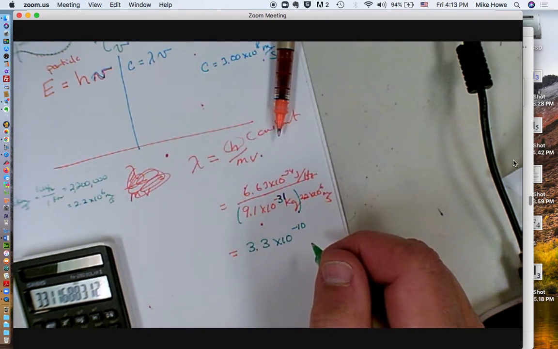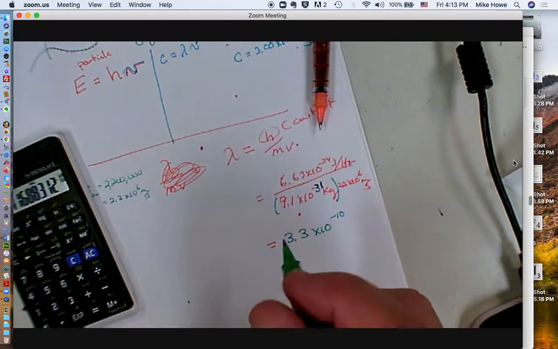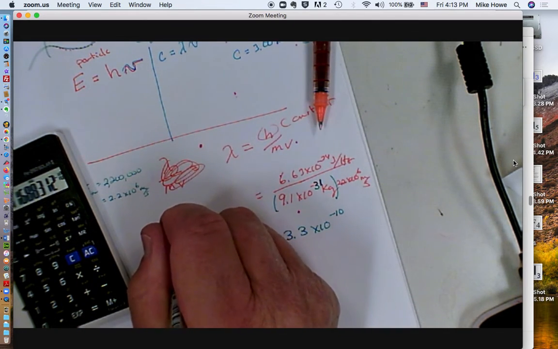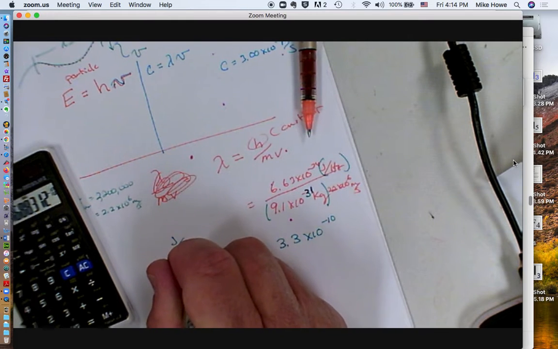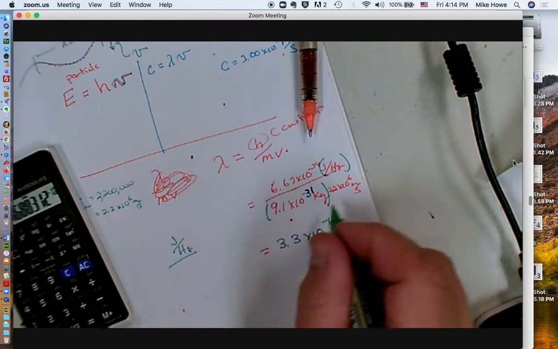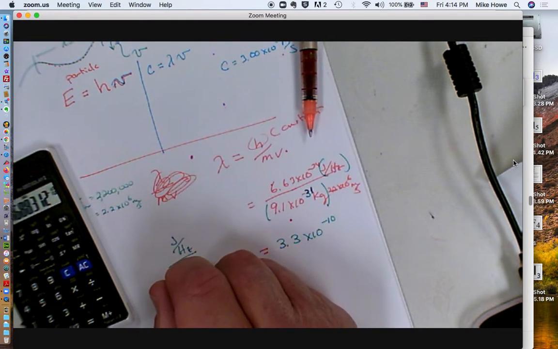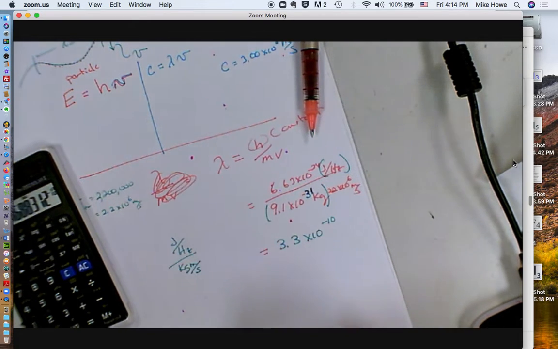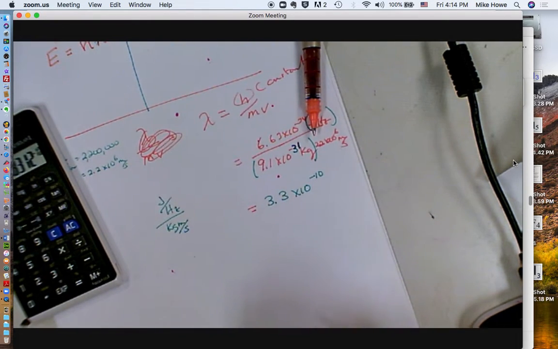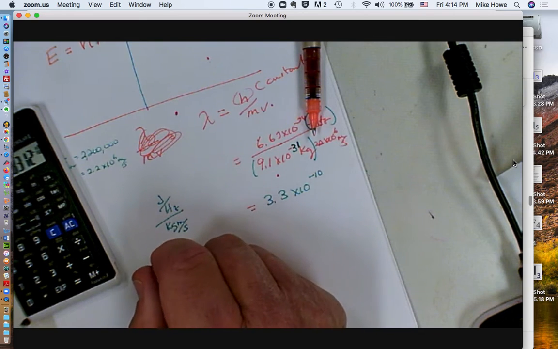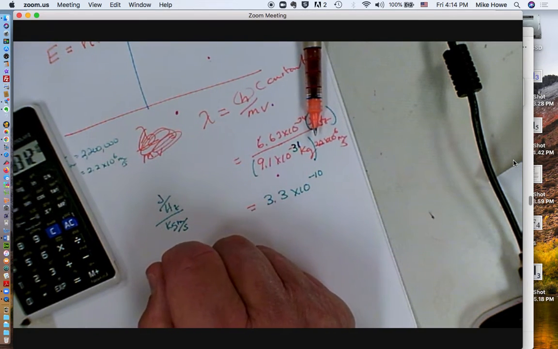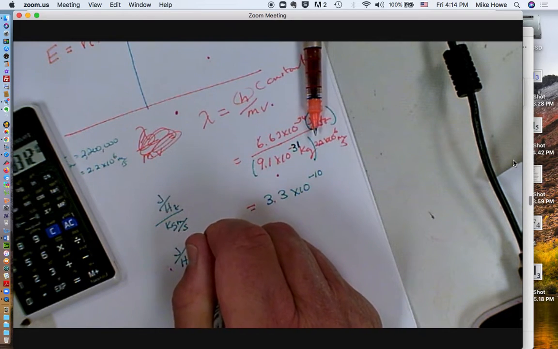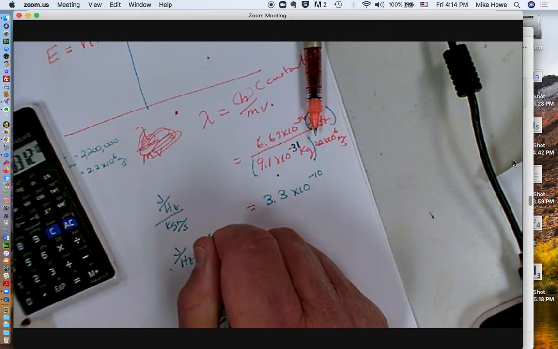And then the unit's a little bit weird, so let's just take a minute to talk about the units over here. If I look at the joules per hertz on the top, and then I have a kilogram meters per second on the bottom. You know that when you divide fractions, you multiply by the reciprocal. So we would say joules per hertz, and then it'd be times seconds over kilogram meters.